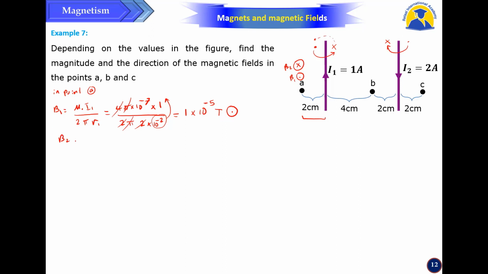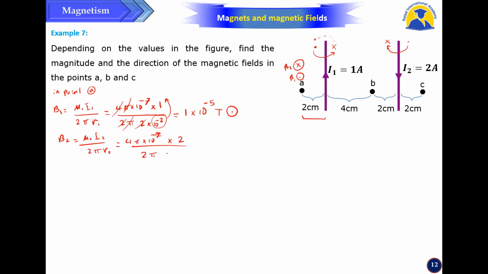Now B2 equals mu 0 I2 divided by 2 pi R2. Mu 0 is constant for air or vacuum. I2 is 2.